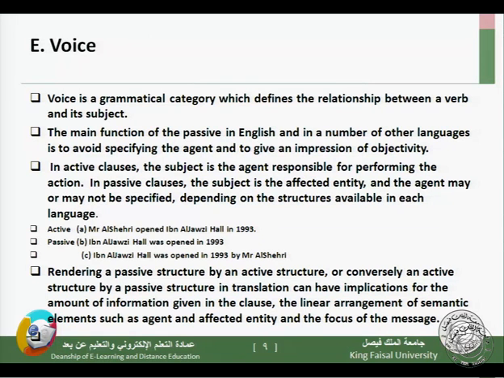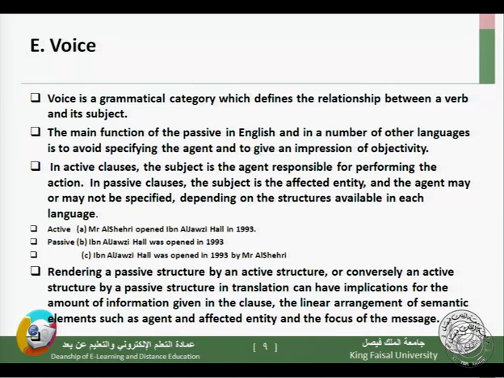Now, voice, what do we mean by voice? Voice is a grammatical category which defines the relationship between a verb and its subject. The relationship between verb and subject. Now, the main function of the passive voice in English and a number of other languages is to avoid specifying the agent and to give an impression of objectivity.